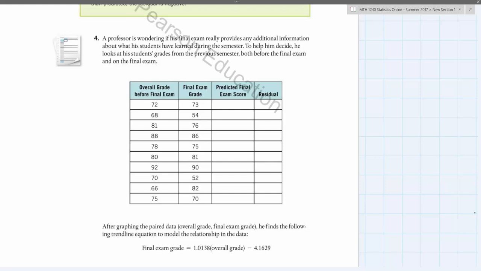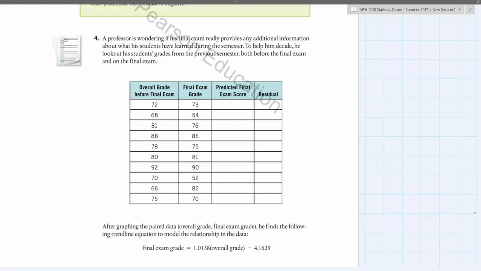All right, so here we have this table, and we're trying to figure out should this professor give a final exam. It's having us think about whether a student's overall grade before the final exam is a good predictor of the student's actual final exam grade, or should we still give a final exam.